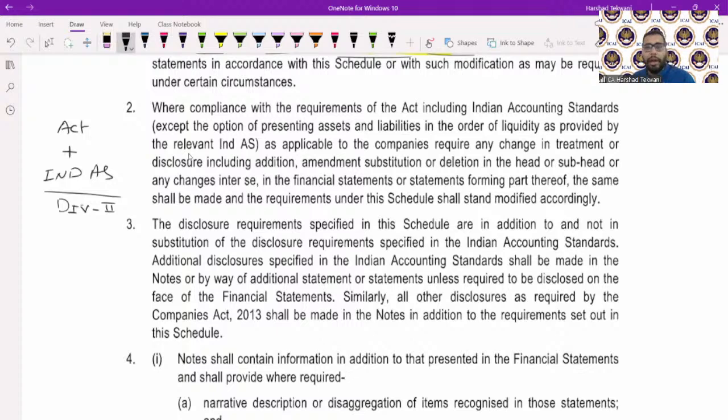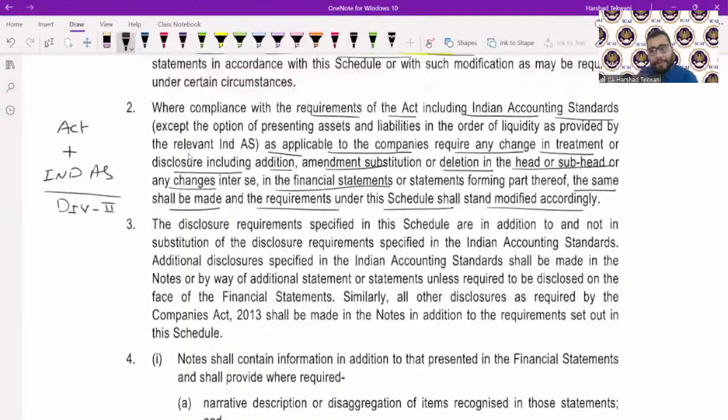The reason is that division 2 itself says that, as applicable, in case the requirements of the Act, including Indian accounting standards as applicable to companies, require any change in treatment or disclosure, in addition, amendment, substitution, or deletion in the head or subheading, or any changes in the financial statement, then the same shall be made and the requirement under this schedule stands modified accordingly.